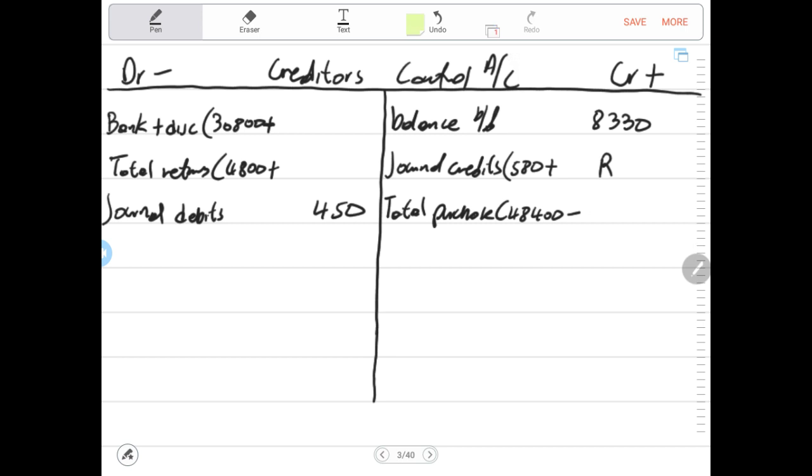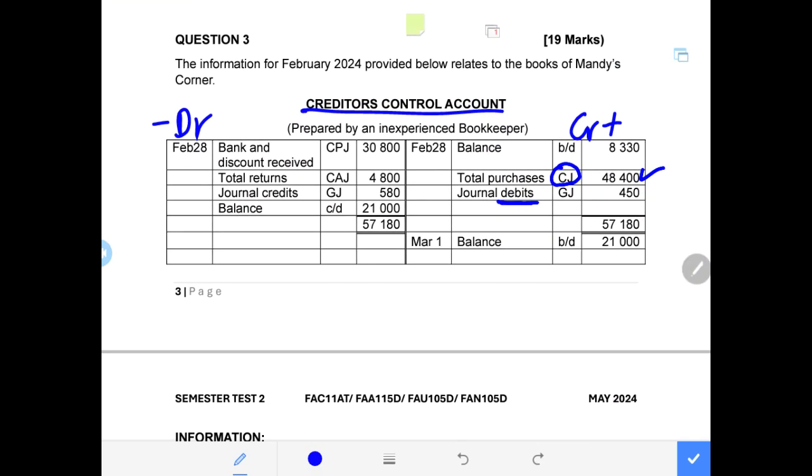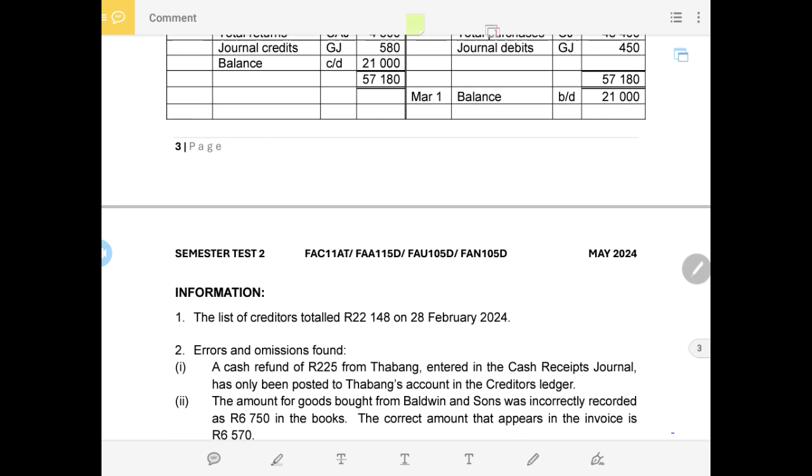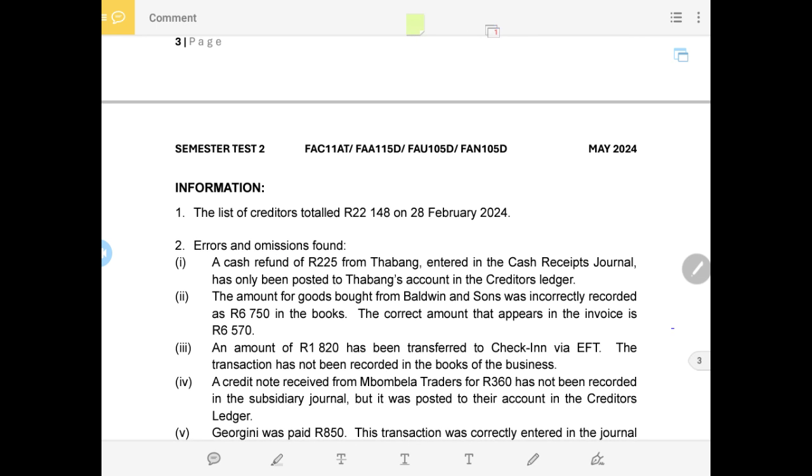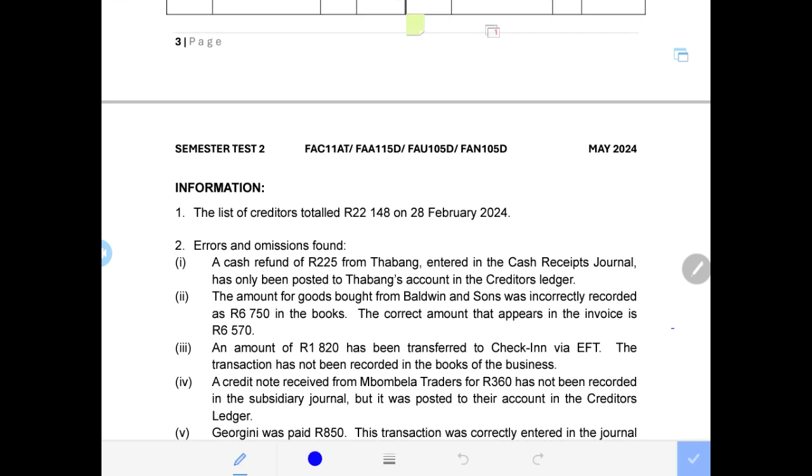The next entry, I think we are done with the ledger account analysis of the errors that were made in the ledger account. So now from here, we then can go to our individual adjustments. Our individual adjustments or additional information says the list of creditors total is 22,148.